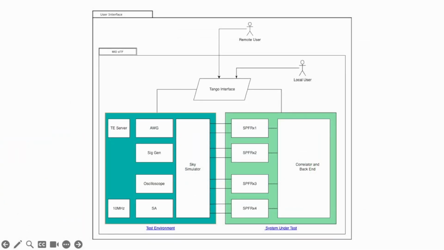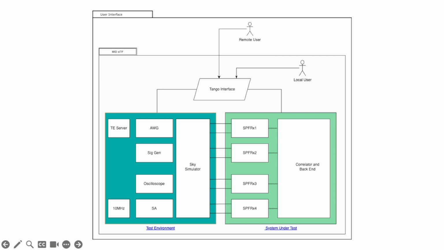Maybe what I should mention is that if you look here, you can see we have something called a Tango interface. What this interface does is ensure that we are able to monitor and control the test environment and the SUT from the same terminal.